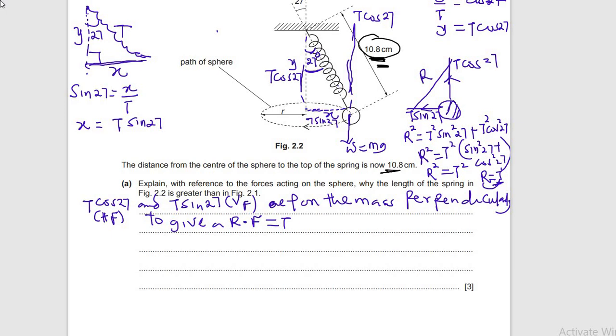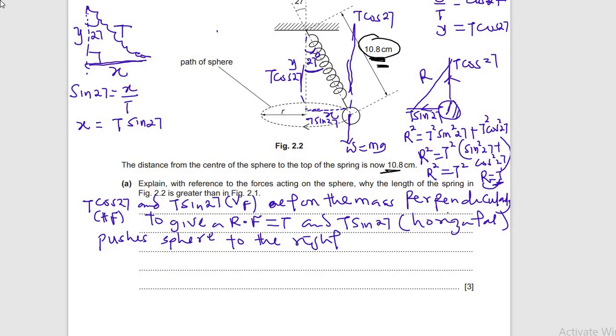And T sine 27, which is horizontal force, pushes the sphere to the what? To the right.